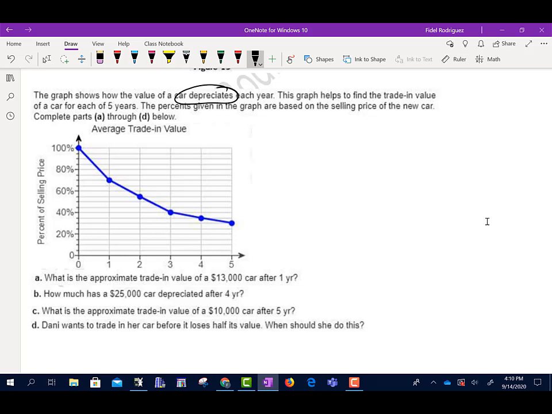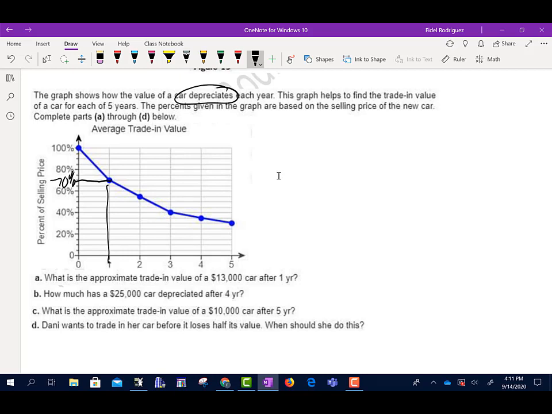Part A says, what is the approximate trade-in value of a $13,000 car after 1 year? So if we go to 1 year, we go over to the left. Sorry, guys, my pen is acting up again. There we go. Looks like we're at about 70%.